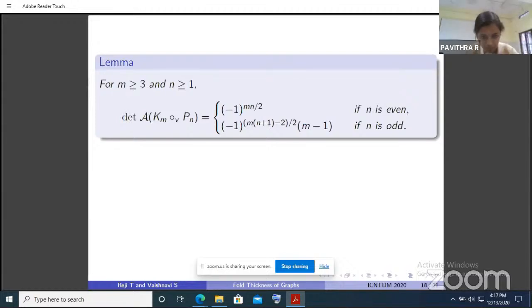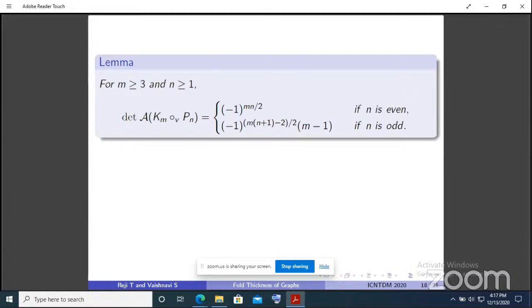Ma'am, can you repeat once again? You take any graph G and find out whether it is singular or non-singular. Then take its line graph and see the same operation with respect to the line graph.